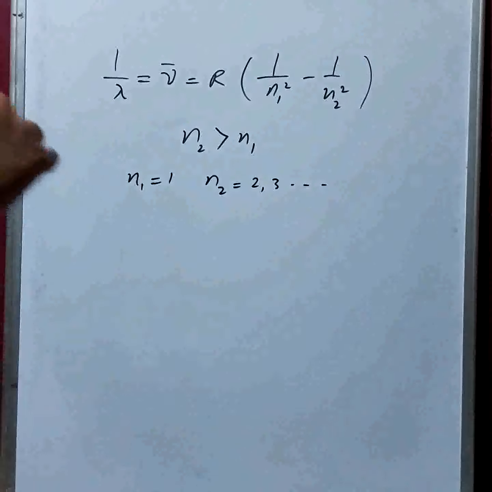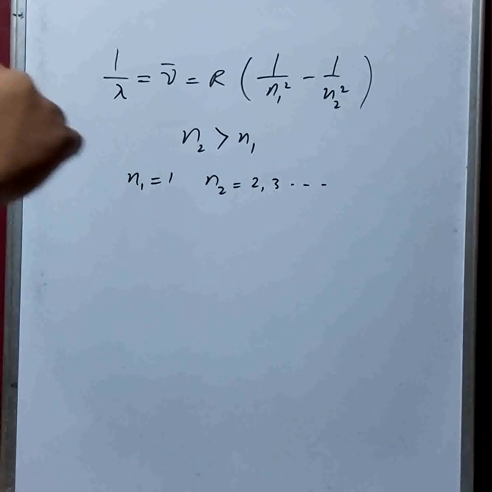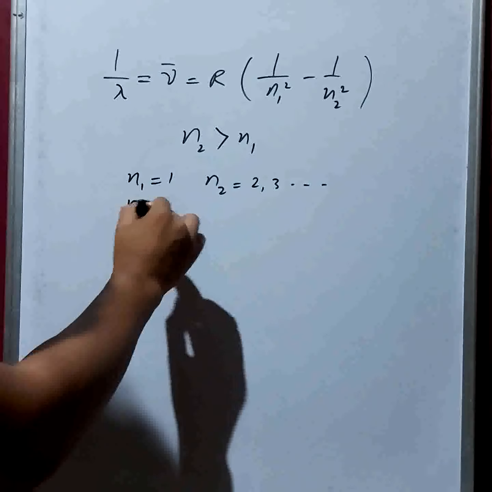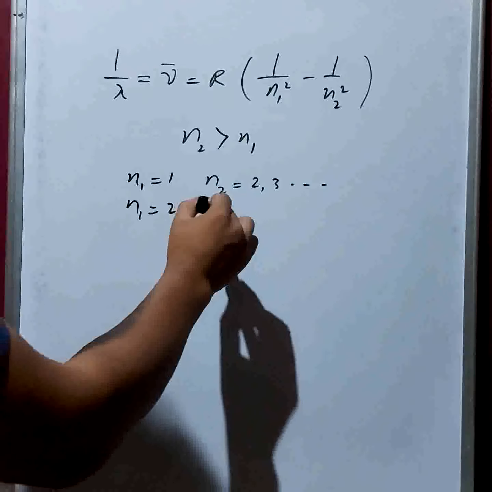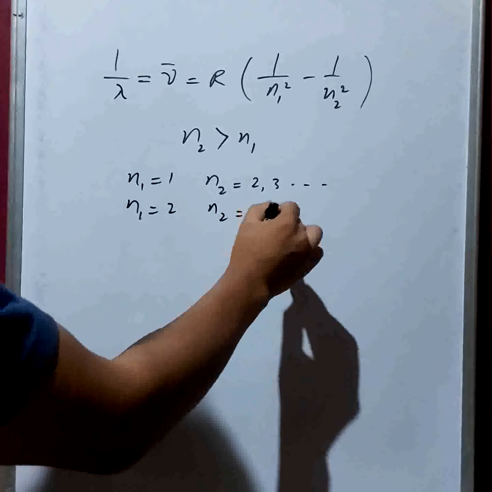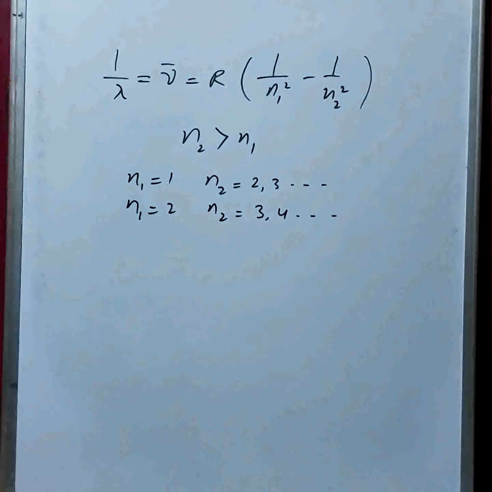For the Balmer series, n1 is 2 and n2 can be 3, 4, and so on. Likewise, for Paschen, n1 is 3, Brackett 4, and for Pfund, n1 is equal to 5.